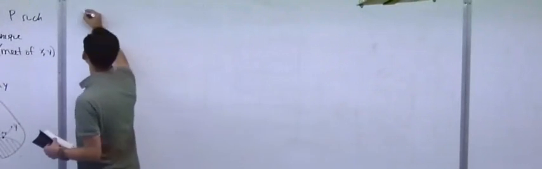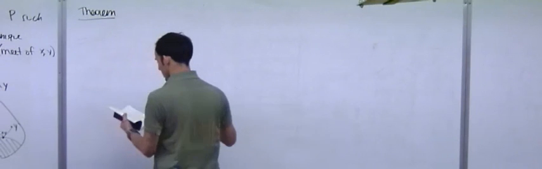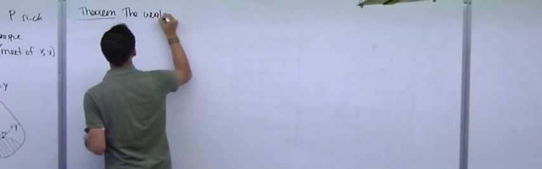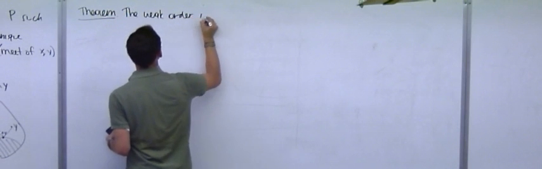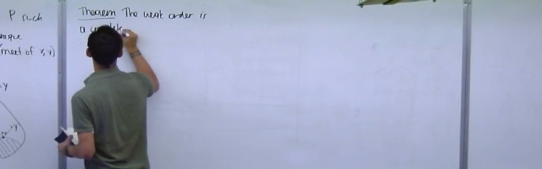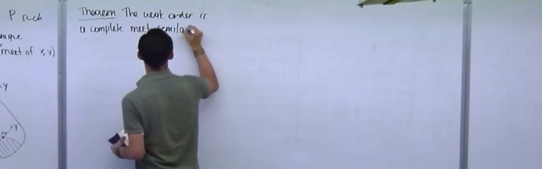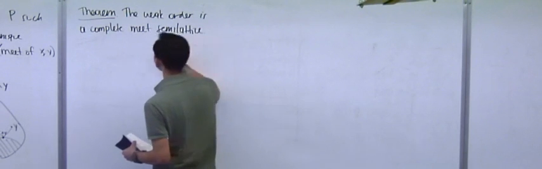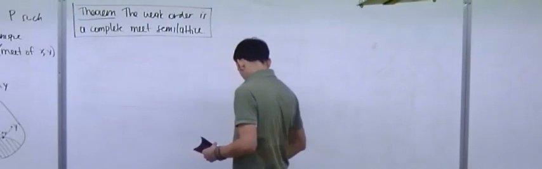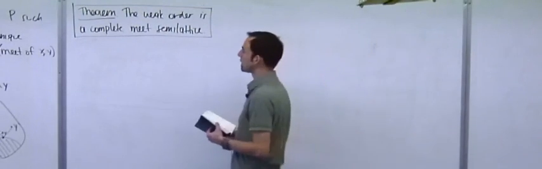So that's the main theorem that I want to prove today. The weak order is a complete meet-semilattice. So that's what I'm going to prove.